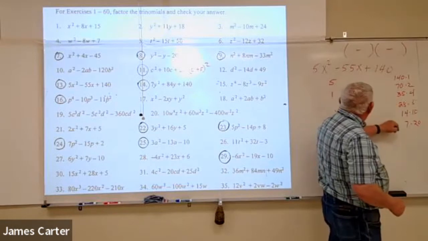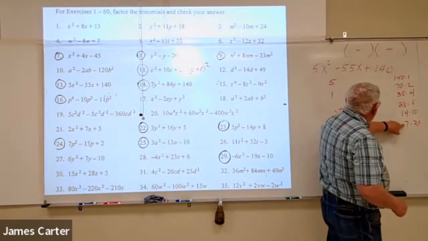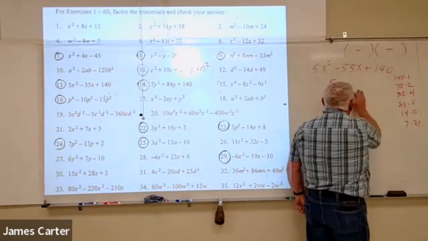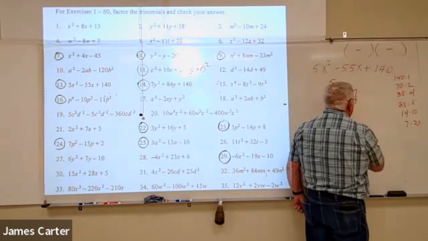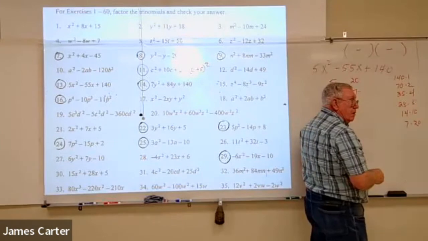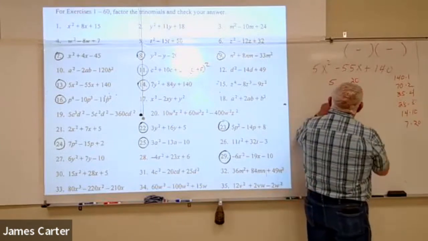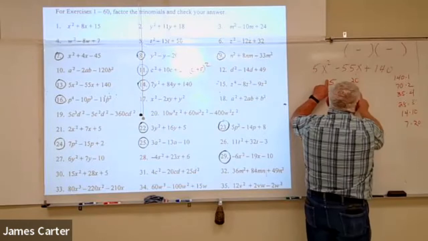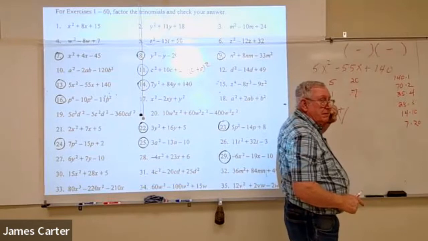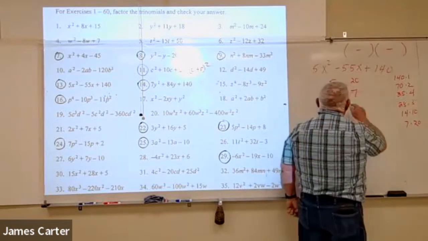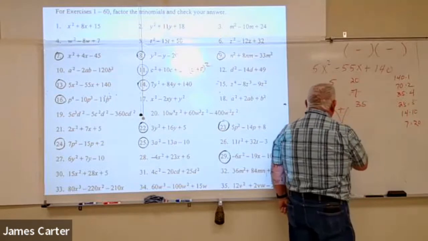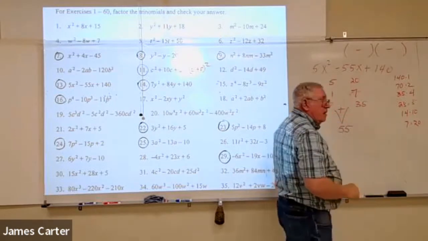Now, I'm going to try this one, and I'm going to put it this way, and then I'm going to put this here. Why am I putting the 7 down here instead of up here? Because I need a 5 when I multiply. That's my thinking. Here I get a 20, here I get a 35. I add those and I get 55.